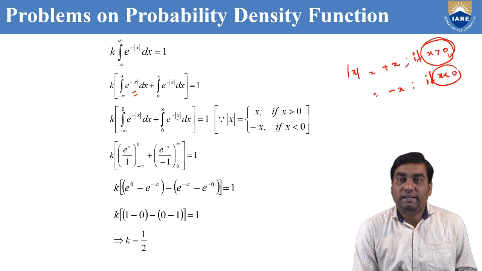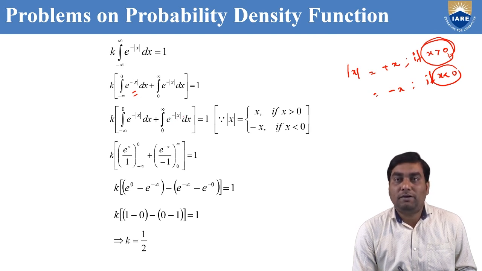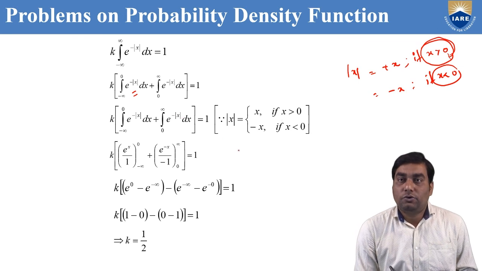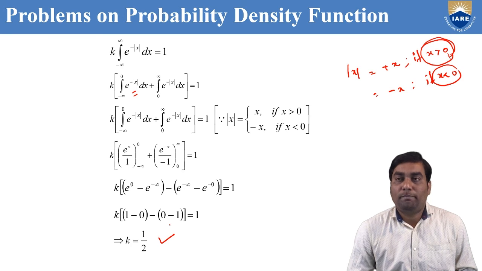In 0 to infinity, mod x is plus x, so the term is e power minus x. So we integrate e power x and e power minus x separately. If you apply the limits, we will get k equal to 1 by 2.